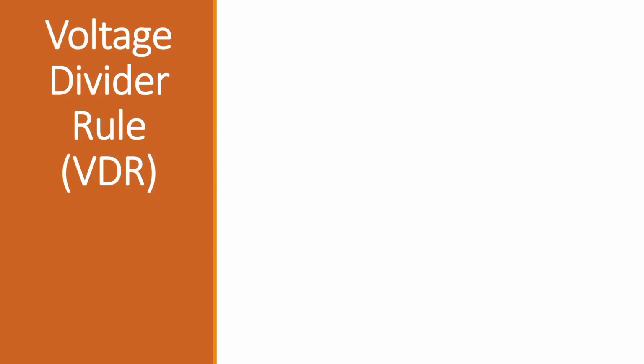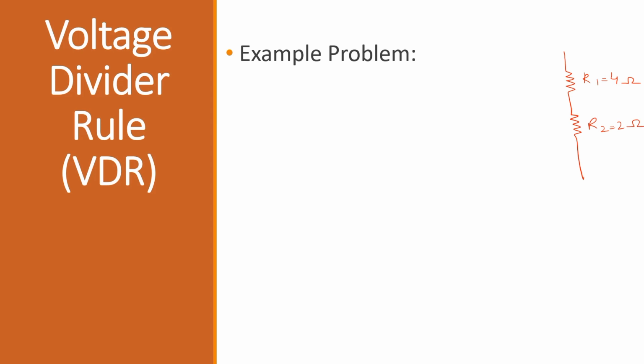Now, here is one example problem. If you have a circuit like this, this is R1 and this is R2. This R1 is 4 ohms. This R2 is 2 ohms.